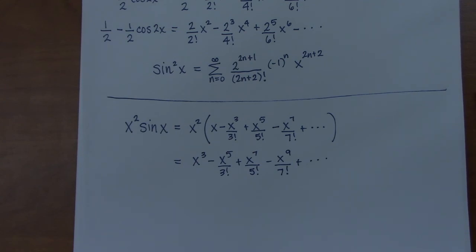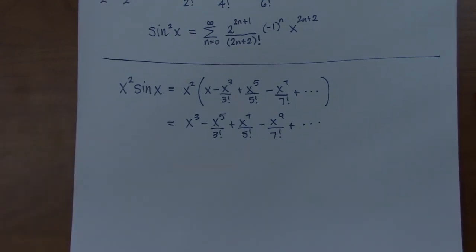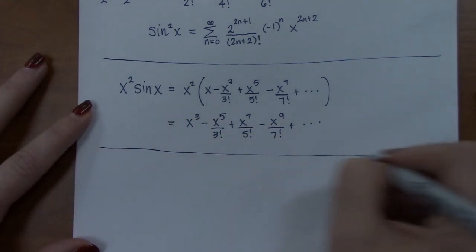So if I had x squared times ln of x, I could just take the polynomial for ln of x and multiply it out. So let's see how to do that with the actual series. Let's do one centered at 0. Let's do arctan of x, because I want to do something centered at 0.